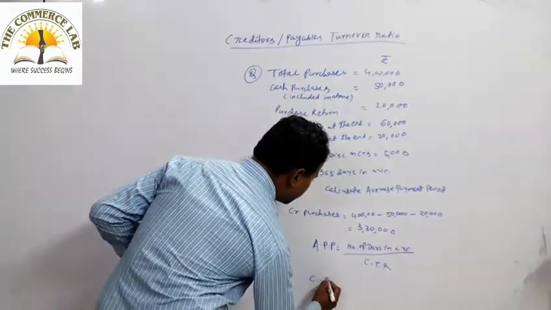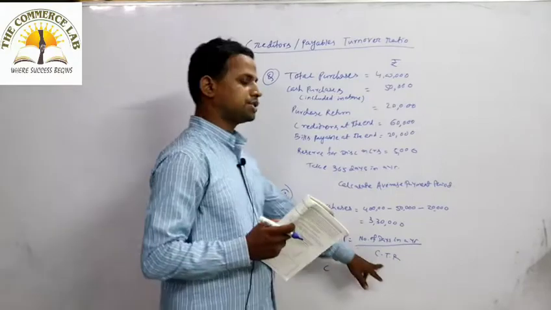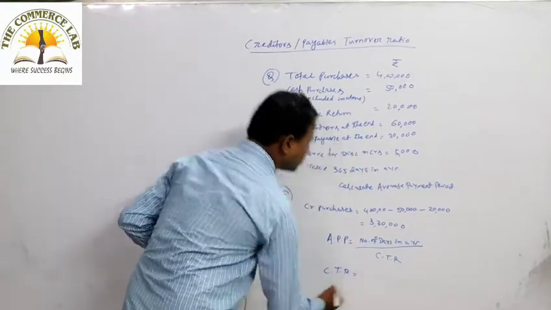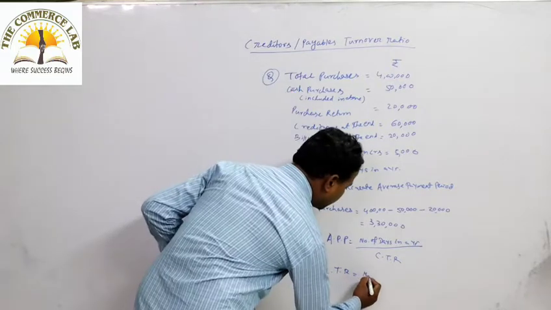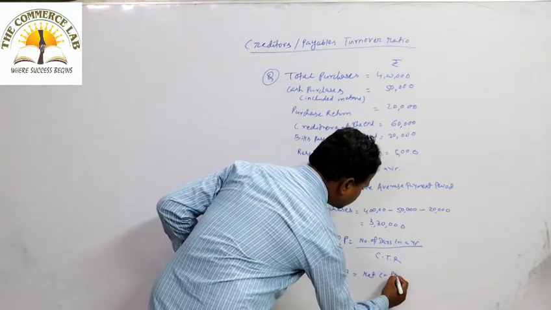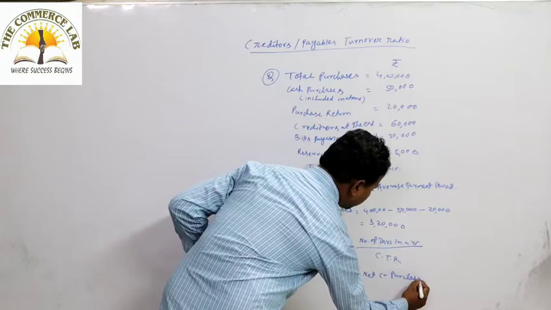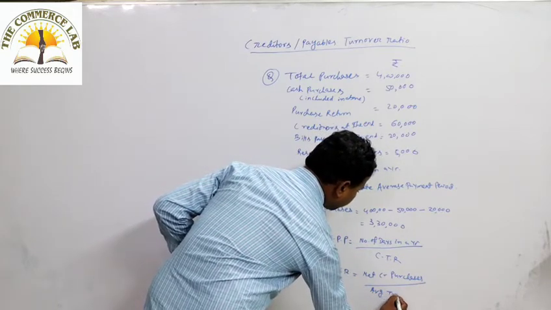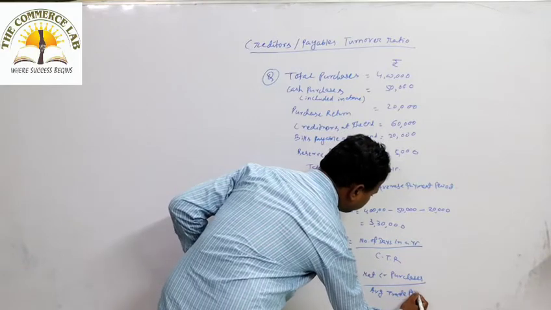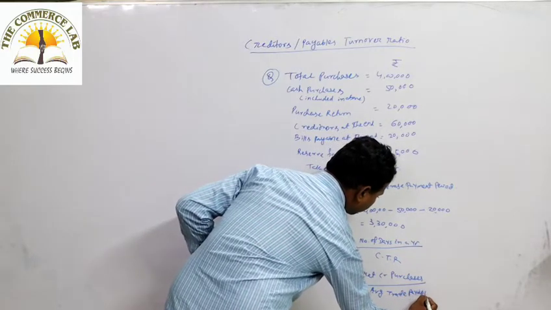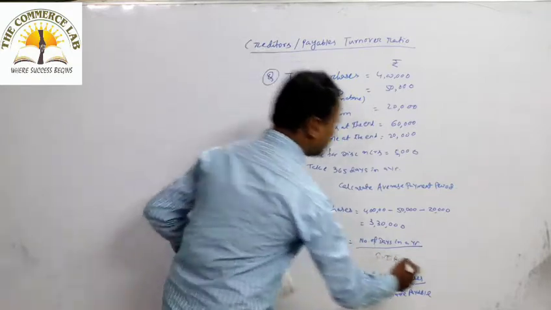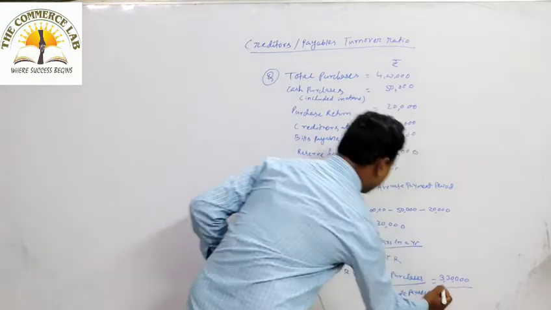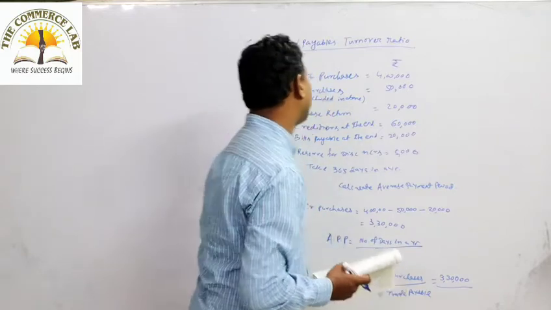As the creditor turnover ratio is required, we have to calculate it. Creditor turnover ratio is net credit purchases divided by average trade payable. Net credit purchases how much? That is 3,30,000 given.